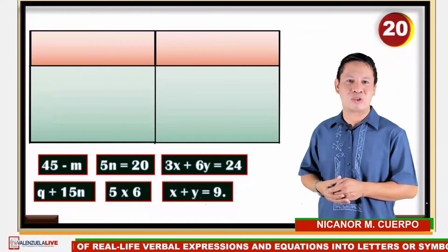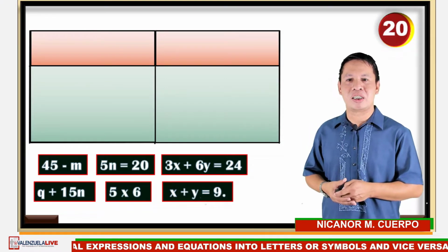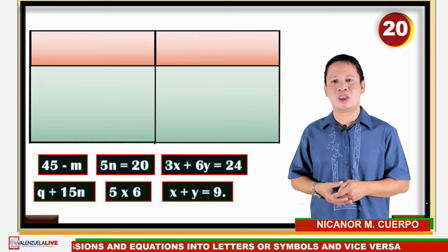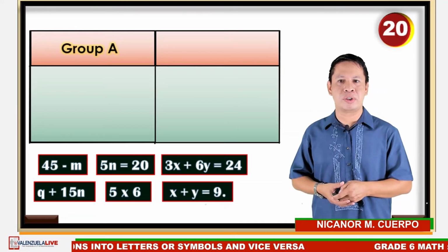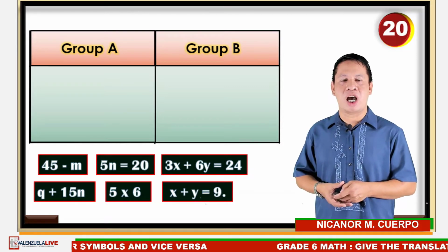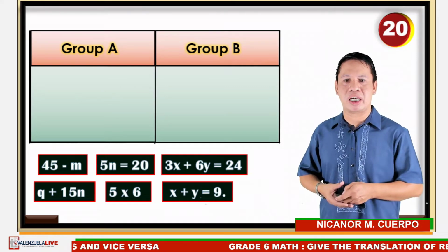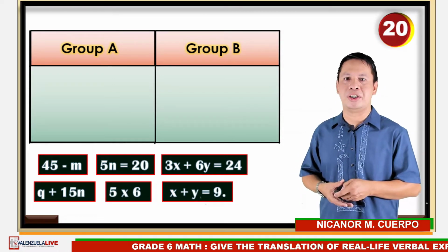Let's go back now to our virtual classroom. So, if you will notice, there are different numerical symbols. Now, I want you to group them into 2 groups, Group A and Group B. I'm going to give you 20 seconds to group them in the correct order.